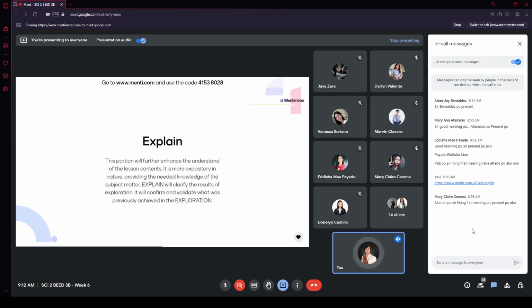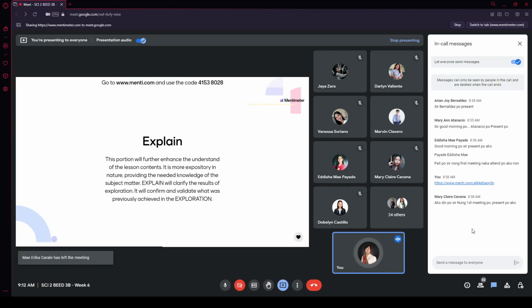Okay, so after exploring, we'll have the explain portion. Now for the explain portion, this is usually on the part of the teacher. However, when it comes to my students, I would like my students to not just perform a sort of lecture, but to ask questions. Alright, so in the explain part, you want to ask questions a lot, right?